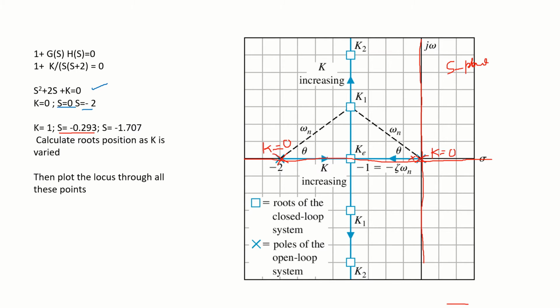Maybe somewhere here you get. So this can be K equal to 1. If I go on varying the values of K, you might get a number of poles like this.